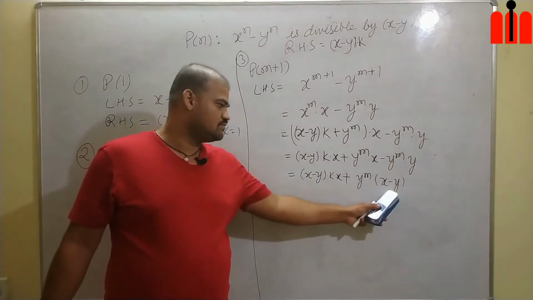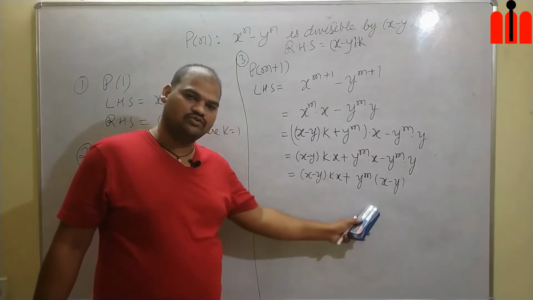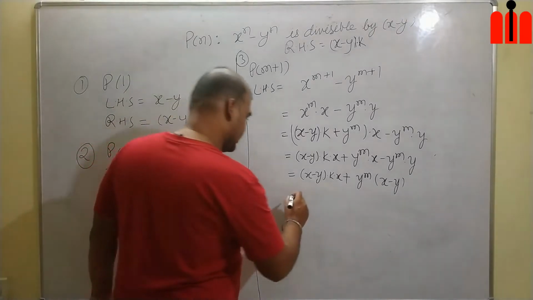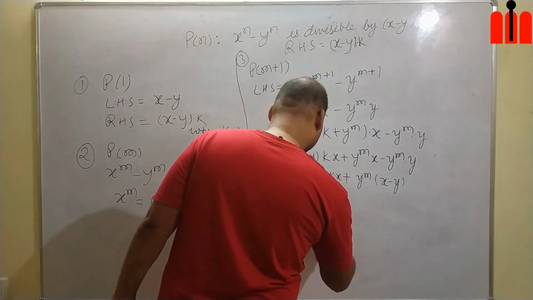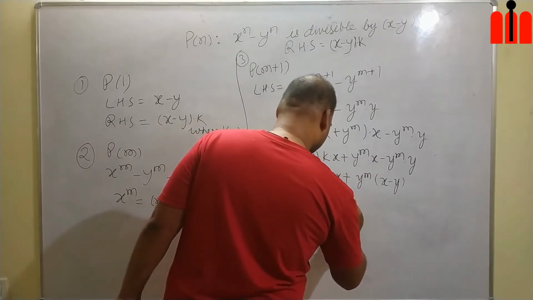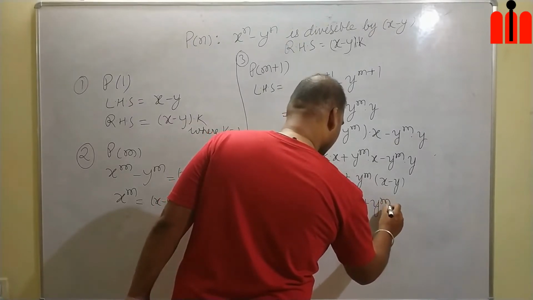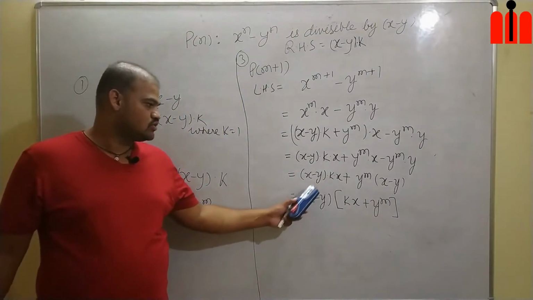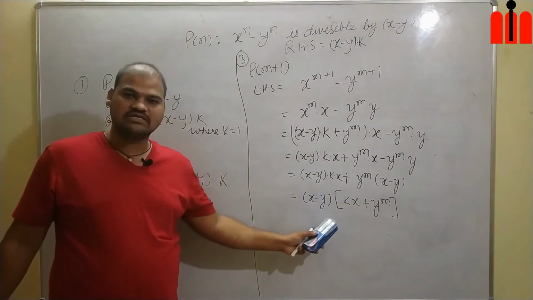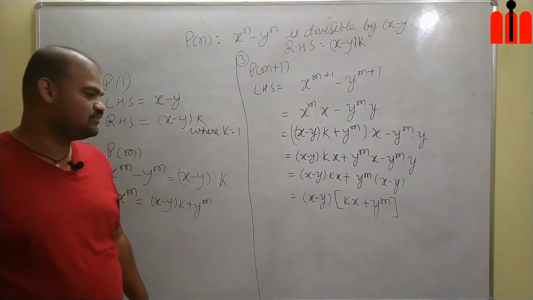Now in these two terms, (x − y) is constant, so you take (x − y) as common from these two terms. Then you will be left with kx + y^m.